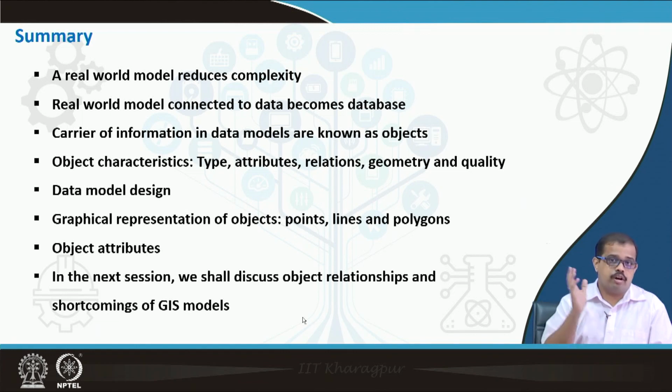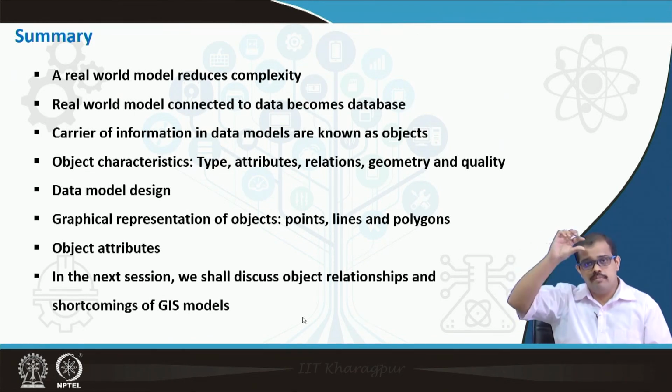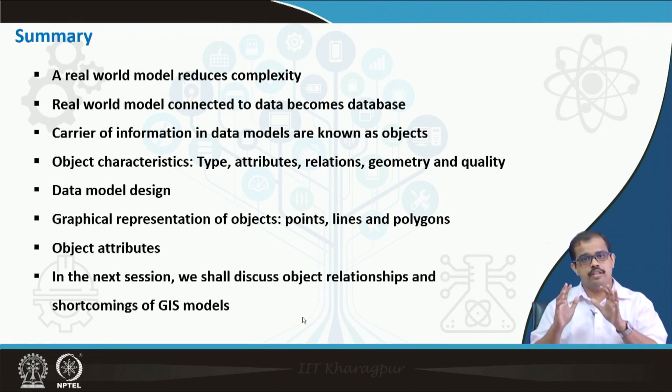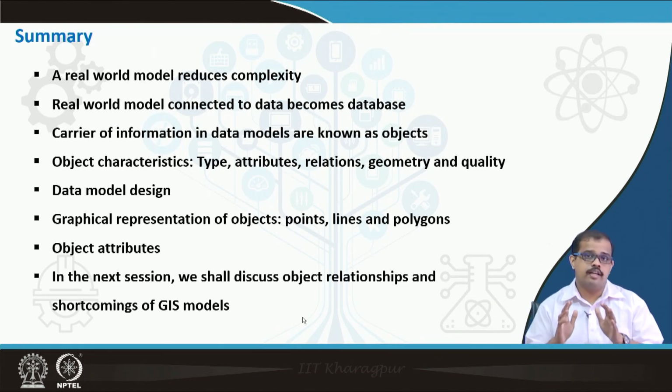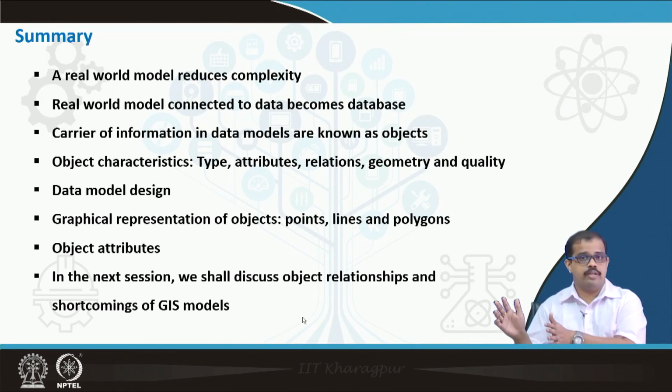We have looked at objects and attributes: objects are in the form of rows, and each column represents an attribute. So objects and attributes have relations. The very important concept we have learned in this class is how the real world translates into a data model.